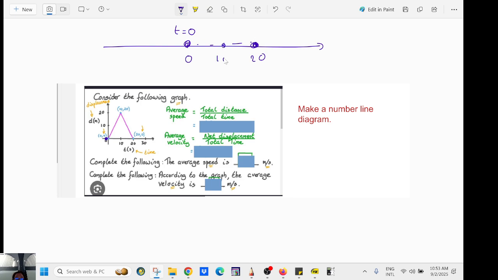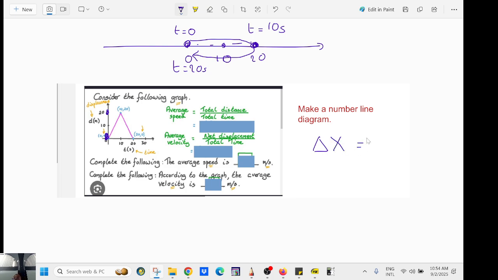You go to 20 at 10 seconds. You go something like this, and then you come back at t equals 20 seconds. So you want to make sure you know how to read those graphs. You start from 0, you go here, and then you come back.